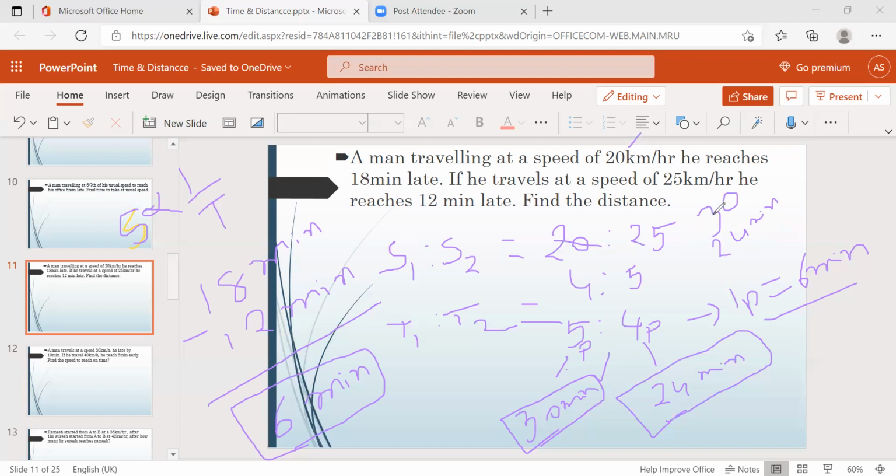Actually, he needs to reach 18 minutes before, so 30 minus 18 is 12. Actually he needs to reach in 12 minutes, but he's reaching late by 18 minutes. That's not what they asked. Now we got 30 minutes and 24 minutes.